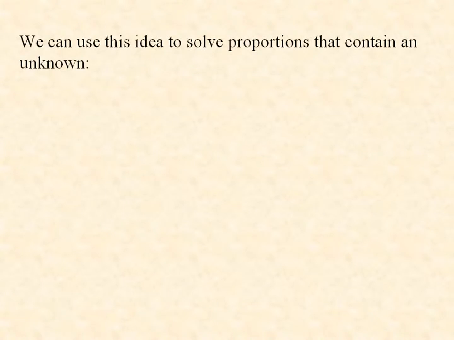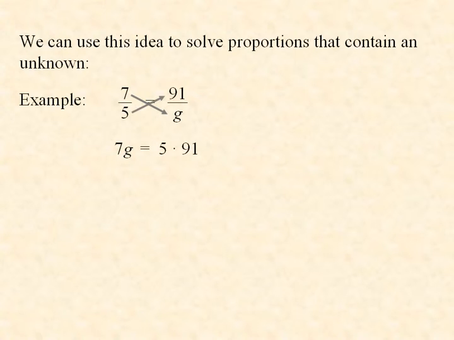We can use this idea to solve proportions that contain an unknown. For example, if we have the ratio 7 to 5 equals the ratio 91 to g, we can cross multiply. That gives us 7g equals 5 times 91. 5 times 91 is 455, so 7g is 455.